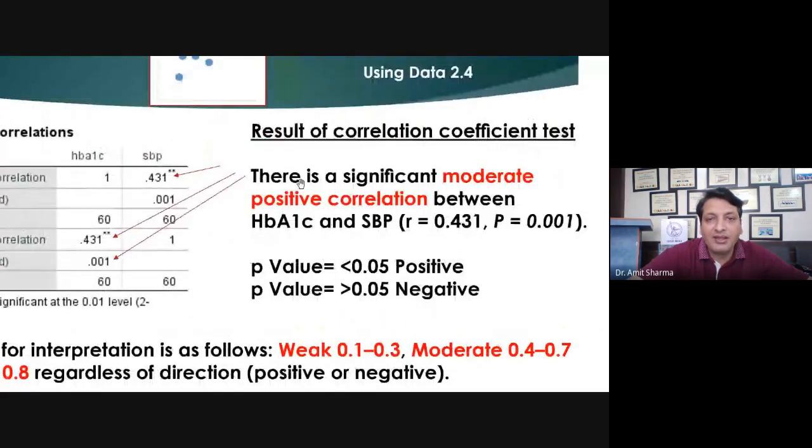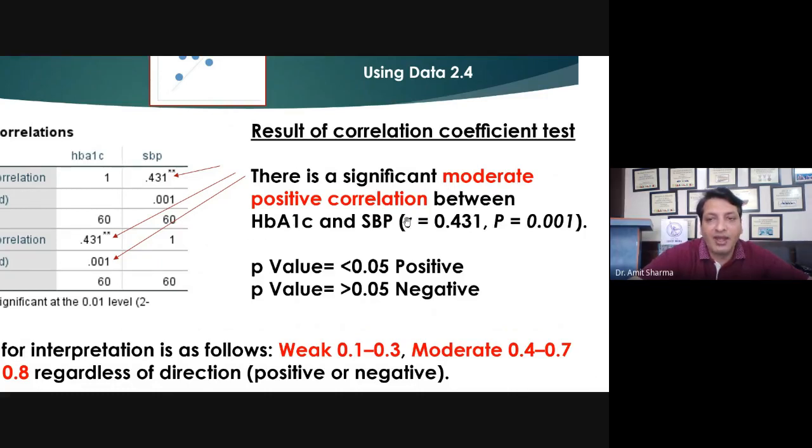You can write: there is a significant moderate positive correlation. I have chosen the word moderate because we are under this range, and the word positive correlation because our p-value is less than 0.05, and here we also got the value as positive. So we can write there is a significant moderate positive correlation between HbA1c and systolic blood pressure.